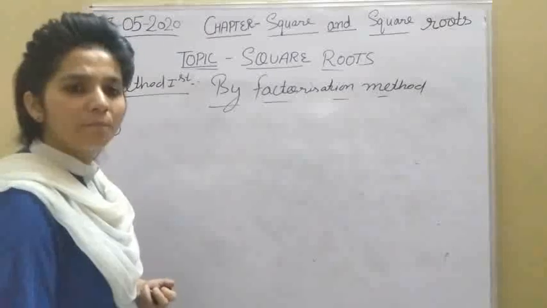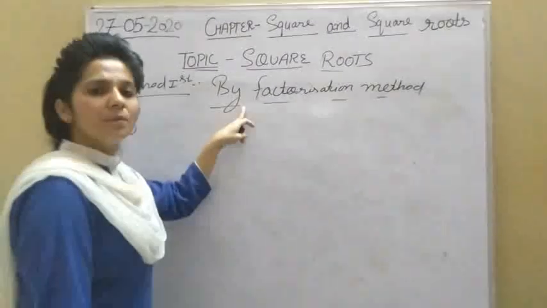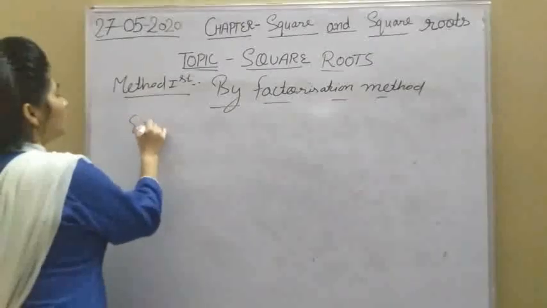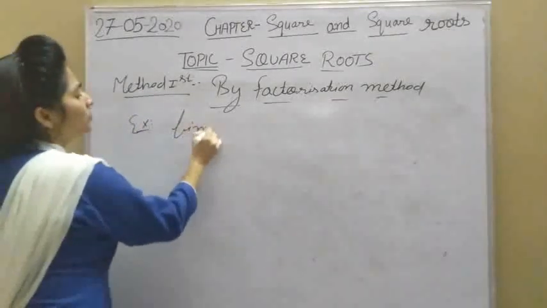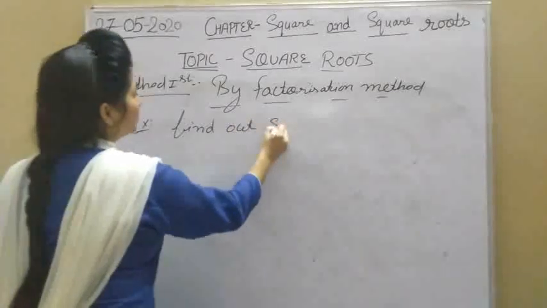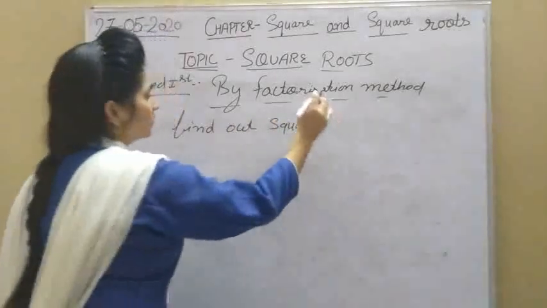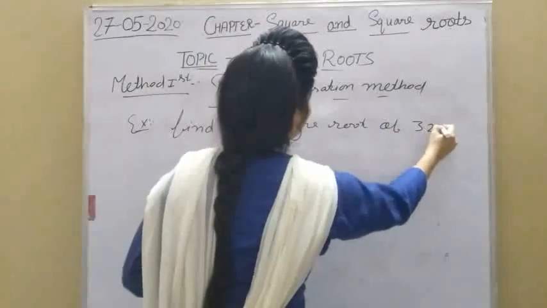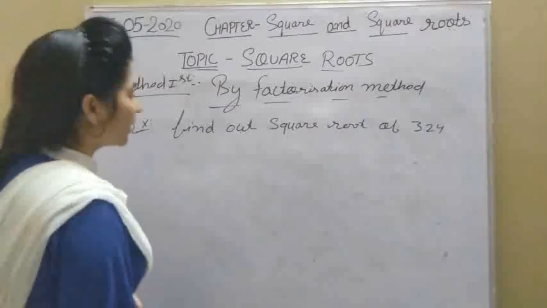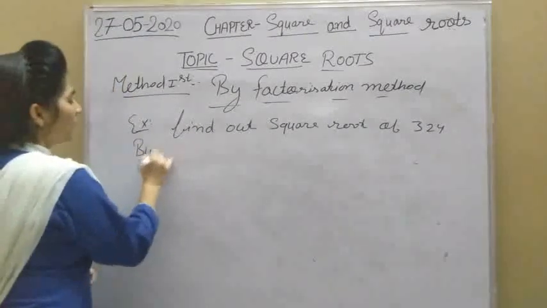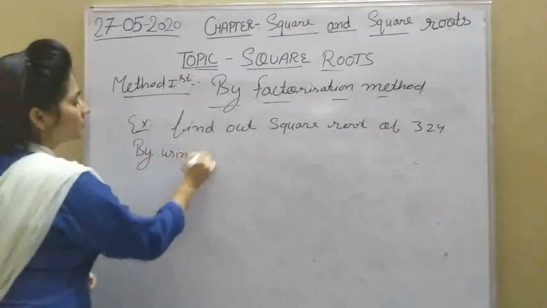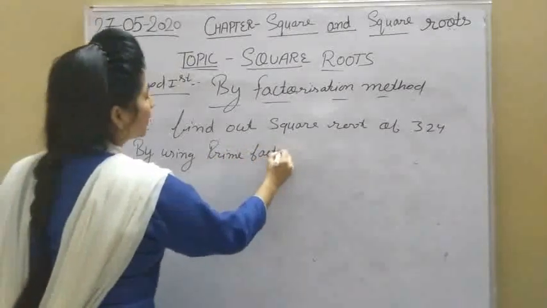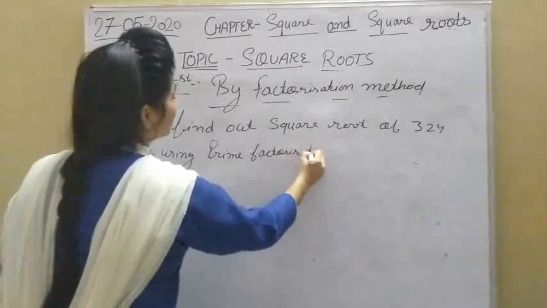Let's take an example to clear the method of the prime factorization. Find out square root of the given number 324 by using prime factorization method.